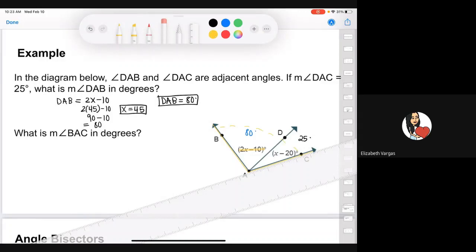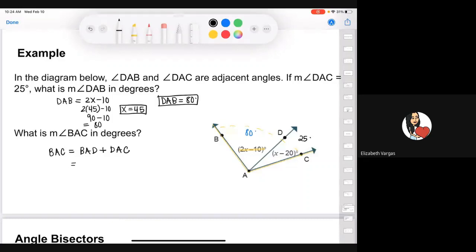And so if I wanted to find the measure of BAC, what I could do is use the angle addition postulate, which tells me that I can add my two adjacent angles together. So BAD plus DAC in order to find the entire angle of BAC.